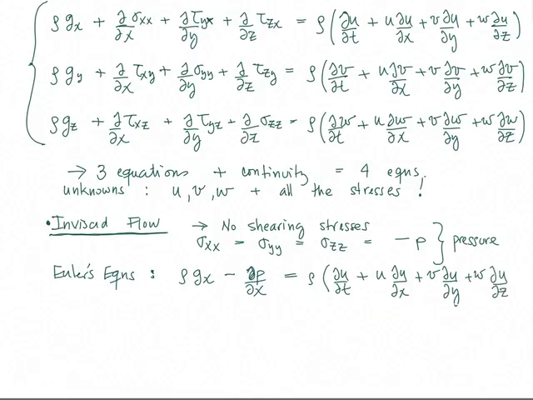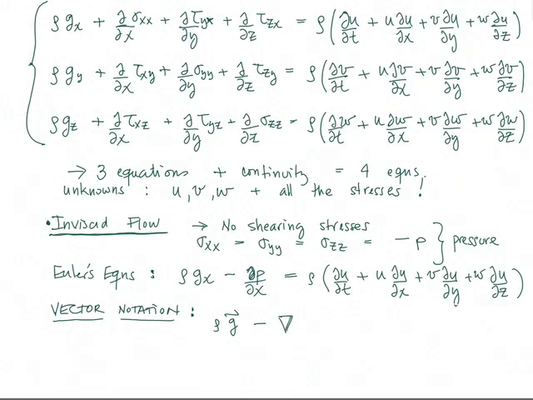So you can see we can write the three component equations in the same form, but in vector notation, the three equations can be collapsed together. In vector notation, we can write Euler's equations as rho times the vector g, acceleration of gravity, minus, in each equation, ddx of p, ddy of p, and ddz of p.